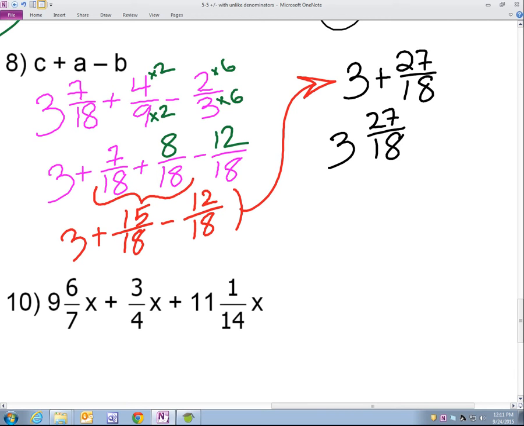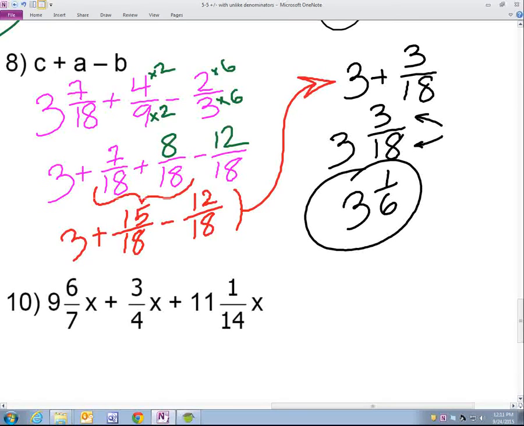Okay, good. I subtracted. So 15 minus 12 is 3. Now we got it, right? Simplify. These two have a common factor of 3. So I have 3 1/6.